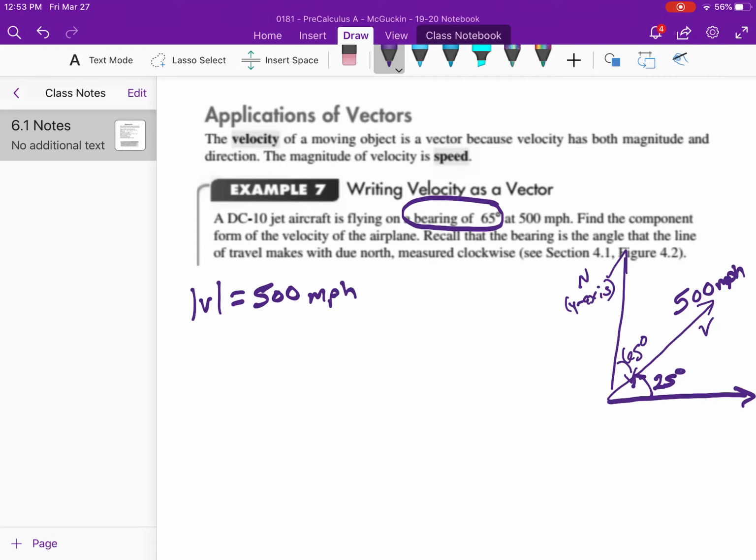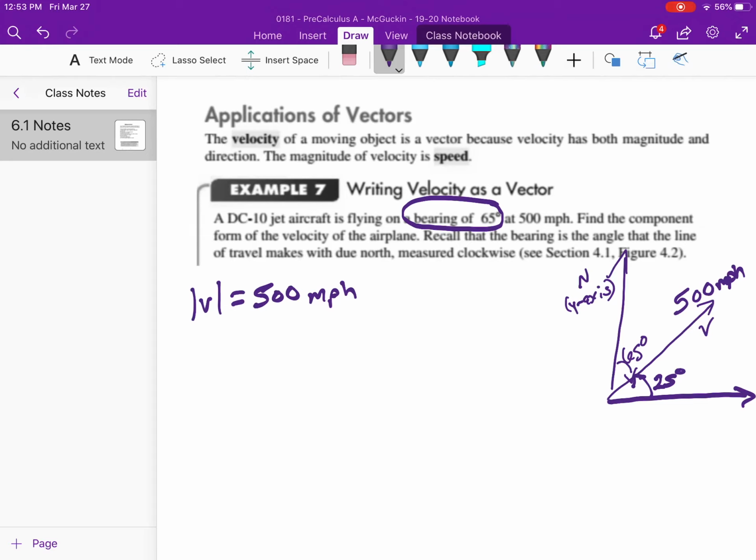Now we can utilize this information to find what the vector is going to look like in component form. Remember, we have our direction angle. Let's finalize what those a, or horizontal, and b, vertical, components are going to end up being.